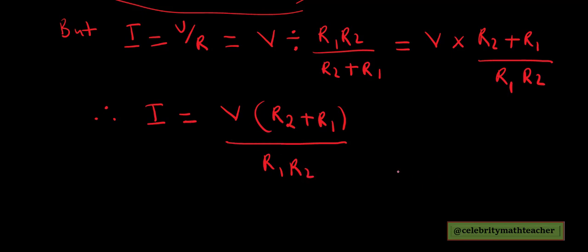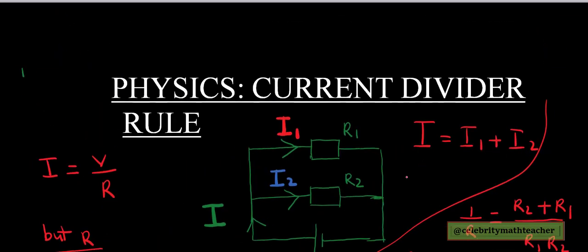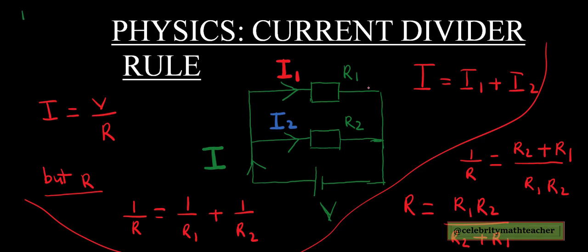Now let's go back to our circuit and do some analysis here. In our circuit, if we want to get the current I1 here, it will be this V, because V is the same across here and here. So I1 will be V over the resistance along which I1 flows, and that resistance is R1.